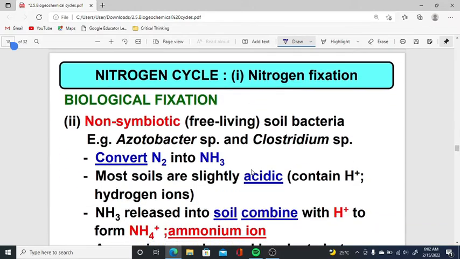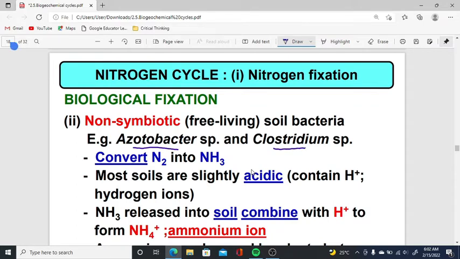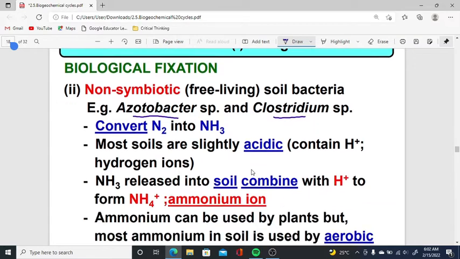Okay, ada juga yang non-symbiotic bacteria. Contohnya free living soil bacteria. There are two examples. So first is Azotobacter species and second is Clostridium species. Yang ini free living lah. Dia cuma duduk dekat dalam tanah. Okay, sama juga it will convert nitrogen gas into ammonia.